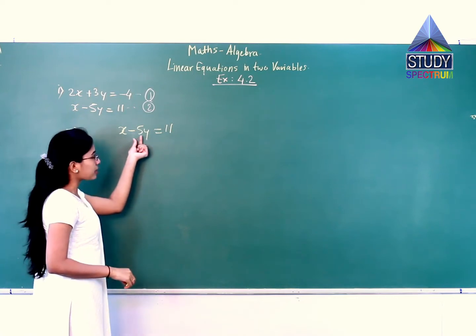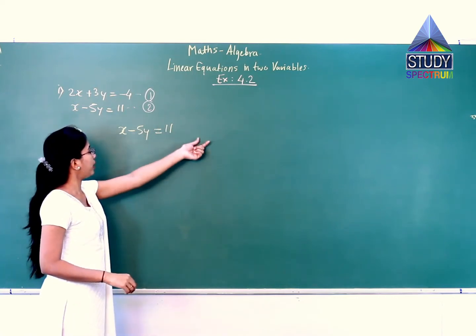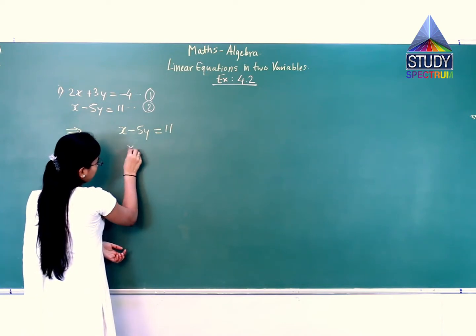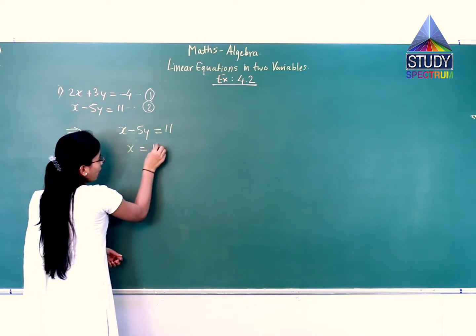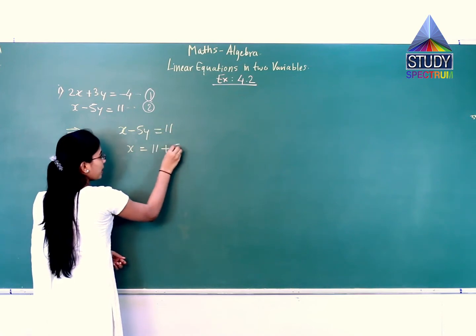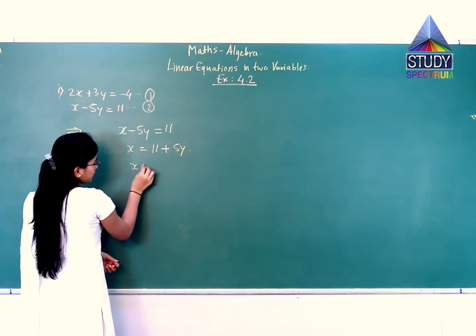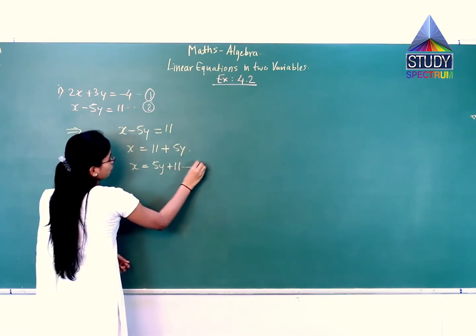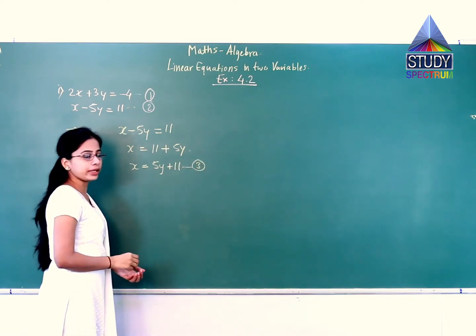So directly by transferring this 5y to the right hand side, we can find the equation in the form of x. So x is equal to 5y plus 11. So this is my equation number 3 here.